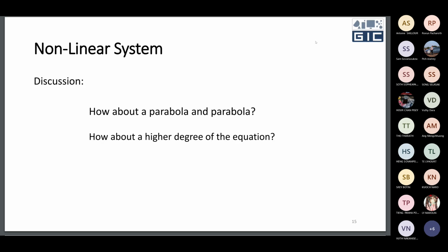For a parabola, you can call it a line. So when you combine one parabola equation with the same parabola equation, you will have infinite solutions. So the one that says it can be infinite is correct.